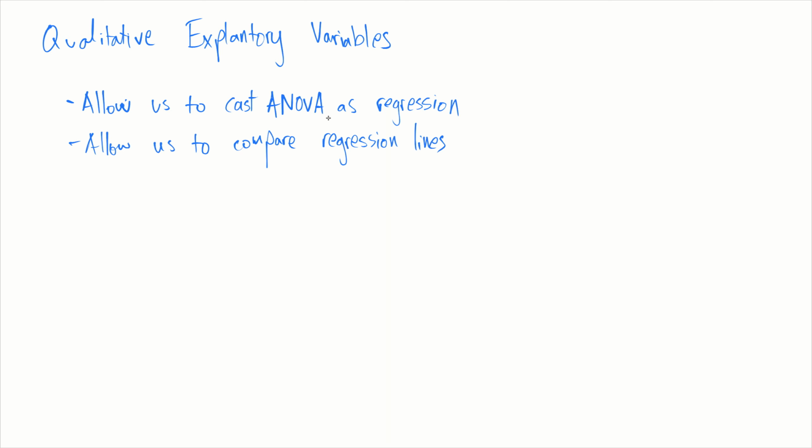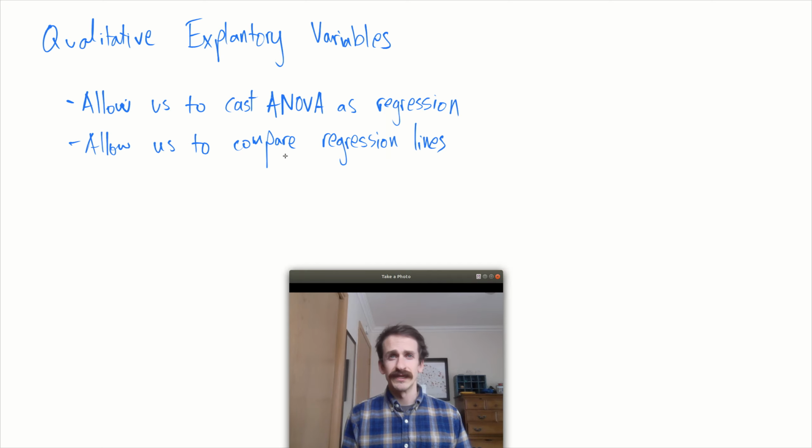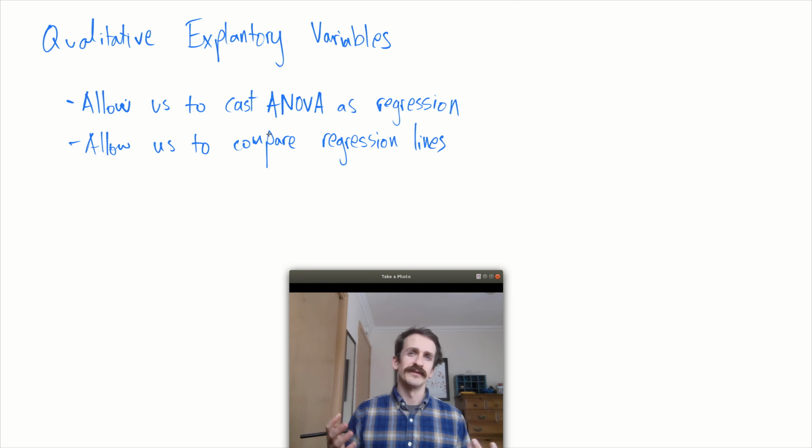So in ANOVA, we just have qualitative variables. So what do I mean by a qualitative variable? I mean like group labeling. So for example, it could be like location. Are you in Canada or the United States of America? Are you in old or young age group?